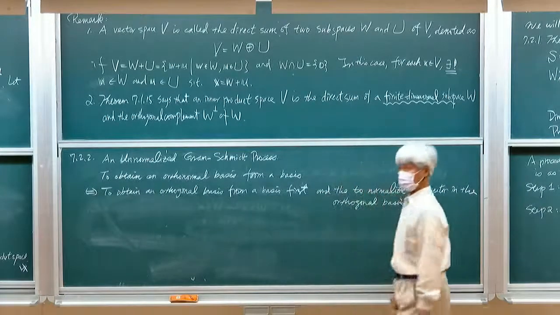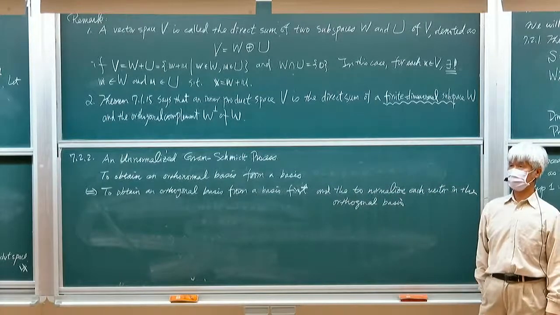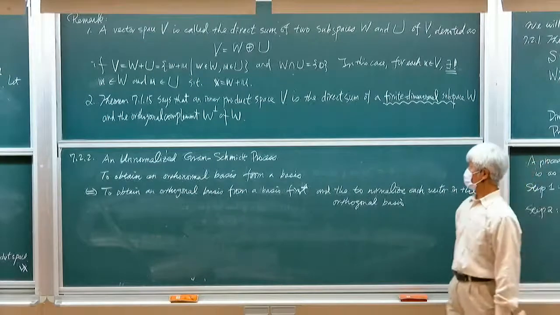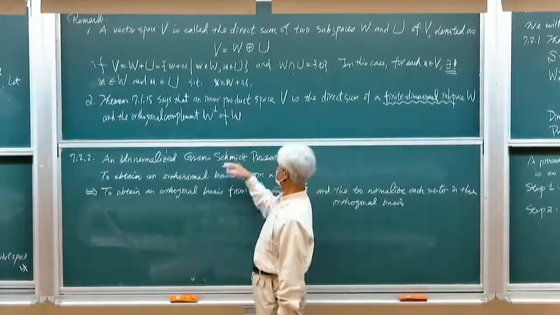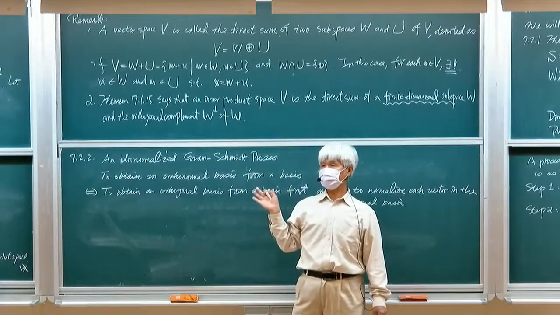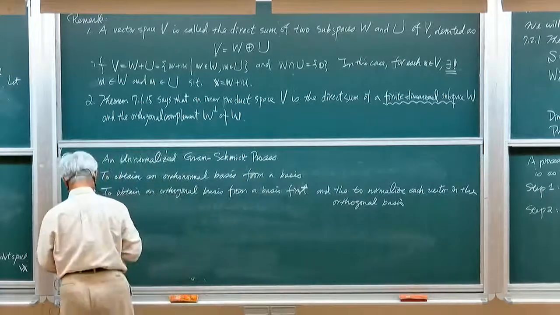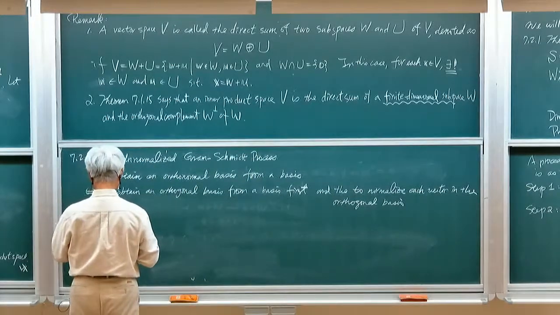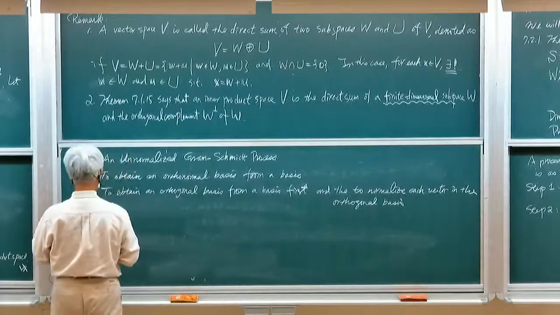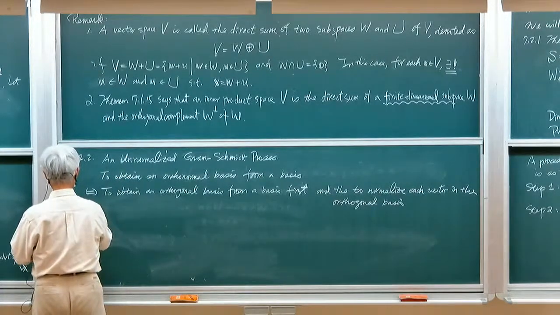That would be easier because in the last step we just do a normalization. So in the modified process, we don't need to worry about the square root. That would be lighter for us to do the process by hand. But before that, we need a theorem.